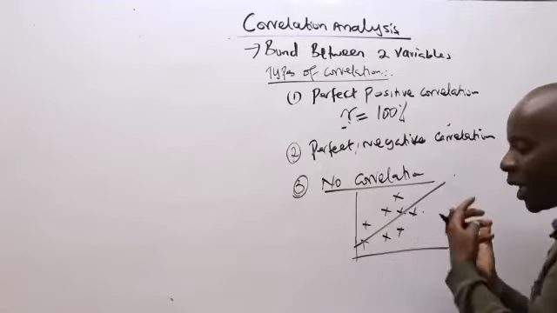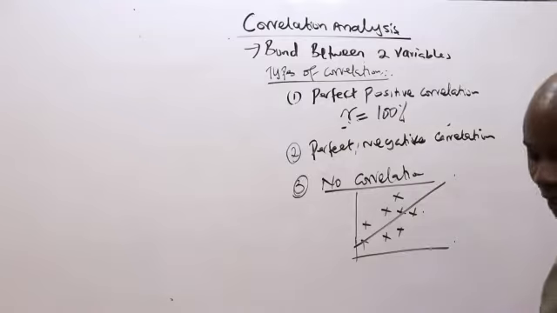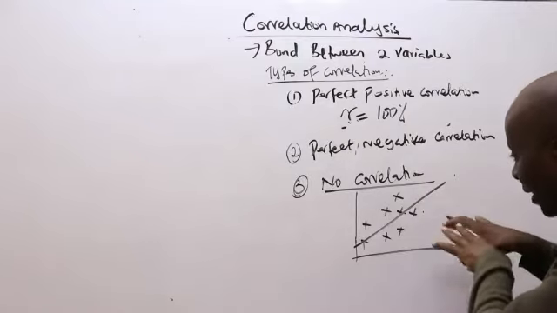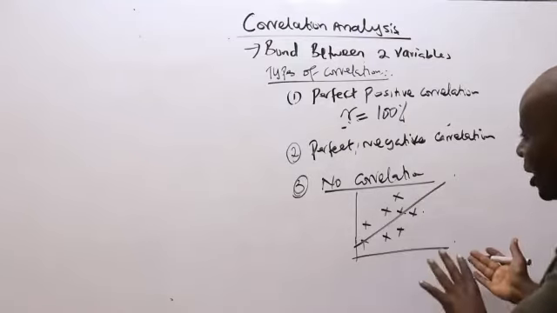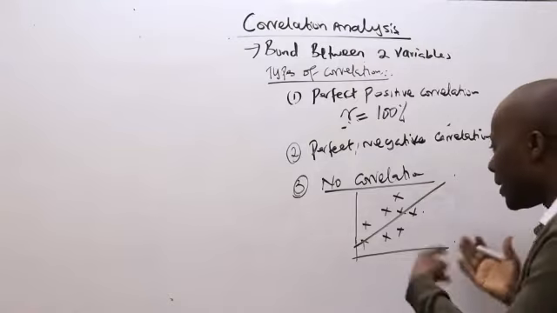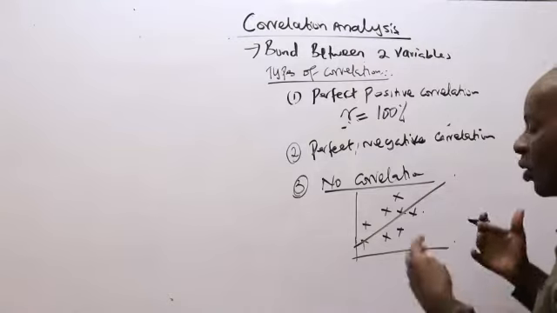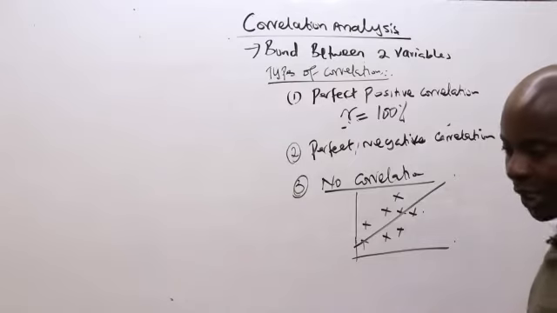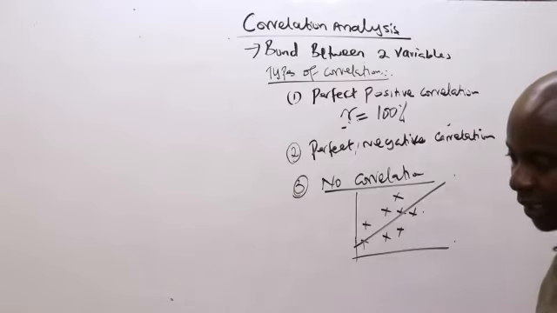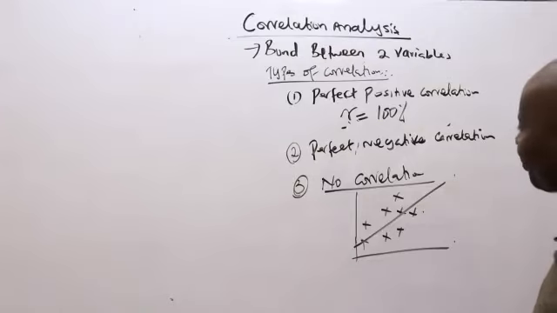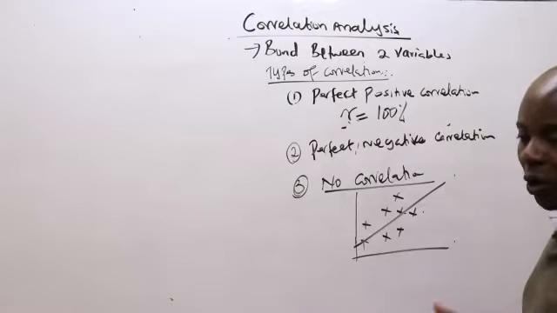There is no matching, so no perfection. Because these points are just scattered anyhow, the correlation, the bond between the two, is basically zero.